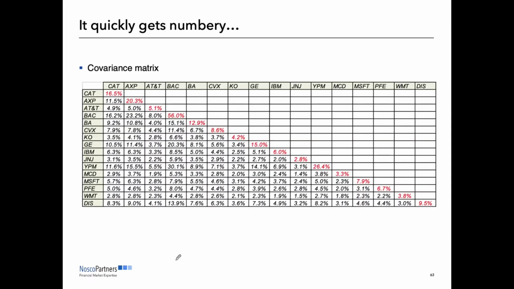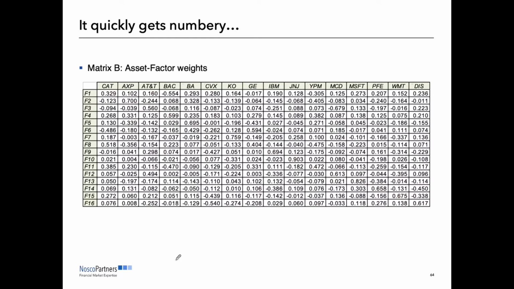Erase, go to the next slide. Okay, this one we skip. I just wanted to show you, it's the same as we did before, but of course now the numbers get a little bit more numbery. Before I had 5 stocks, now I have 16 stocks.